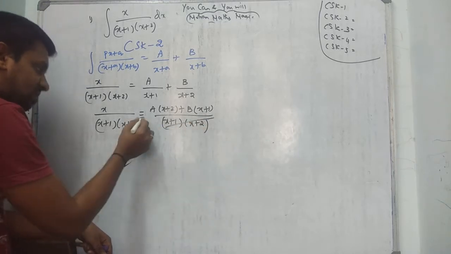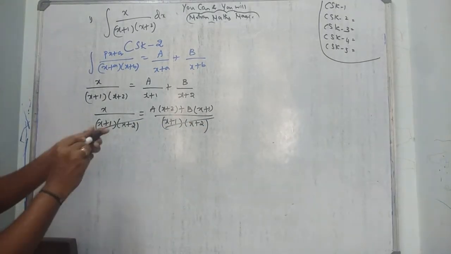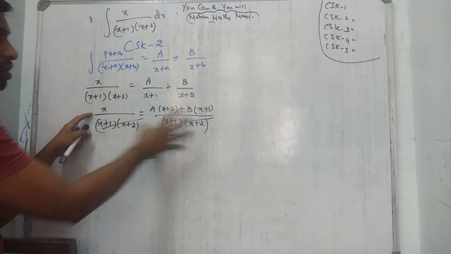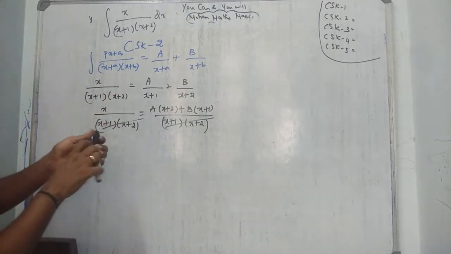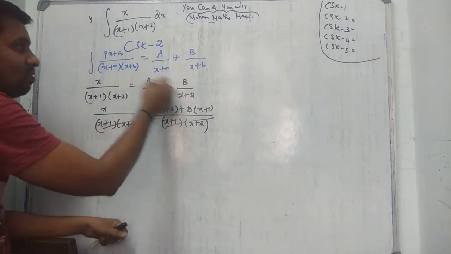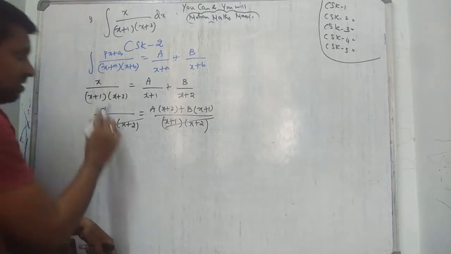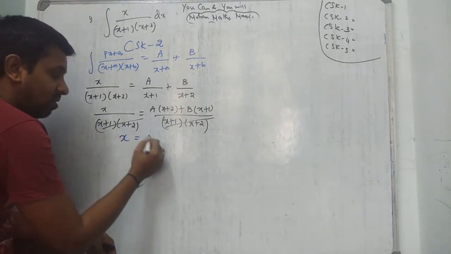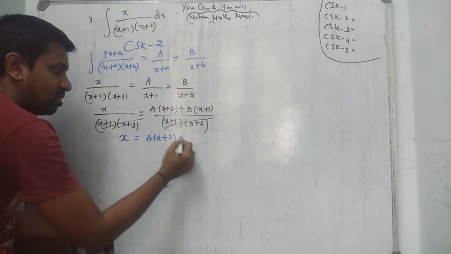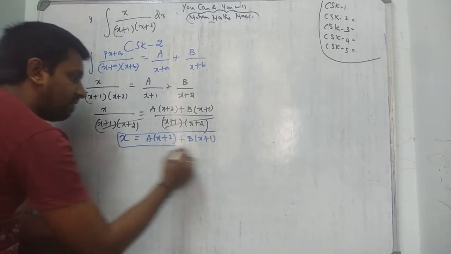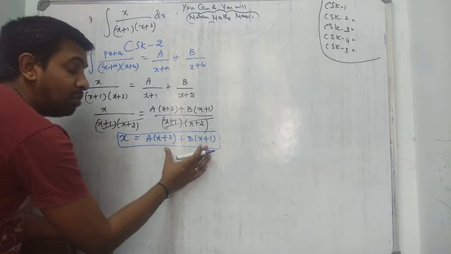The denominator will get cancelled, so you compare the old numerator and the new numerator. Now I write x equals A times (x plus 2) plus B times (x plus 1). This is our old numerator and new numerator.